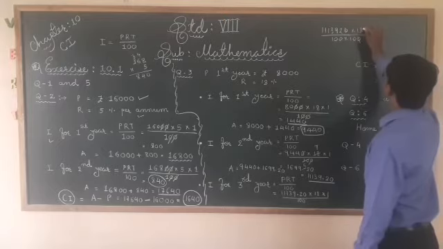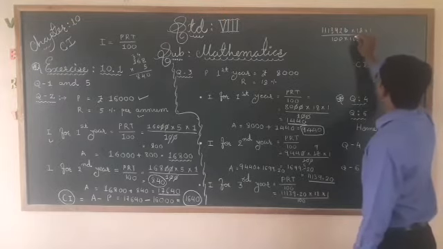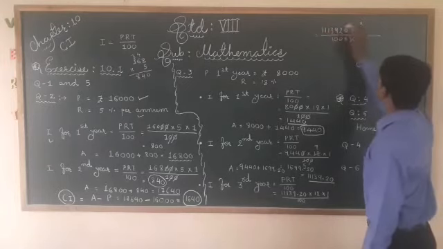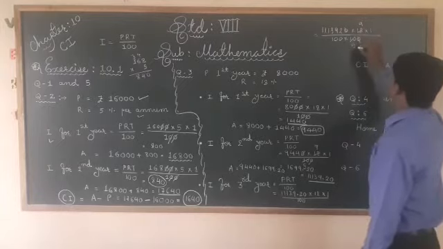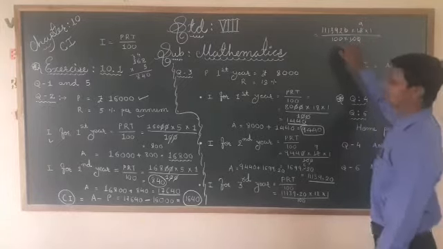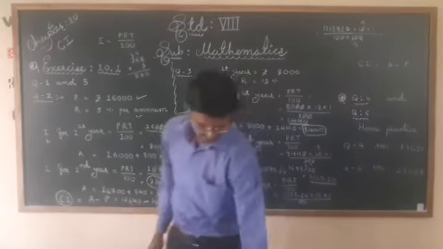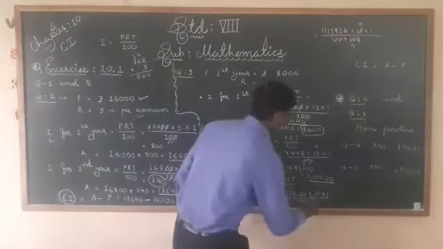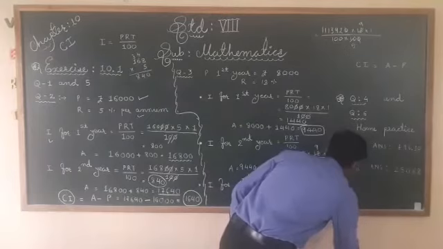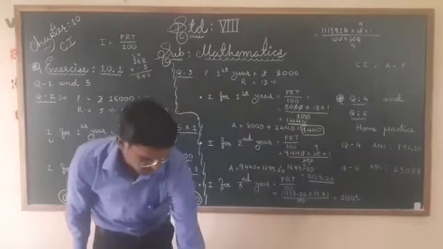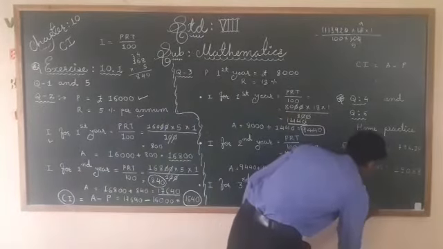Then here 5 to the 10, 9 to the 18. If you multiply these and divide by 5, and after that keep the decimal point, you will get the answer.